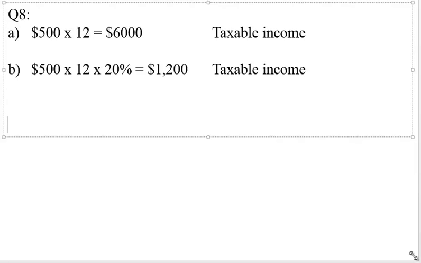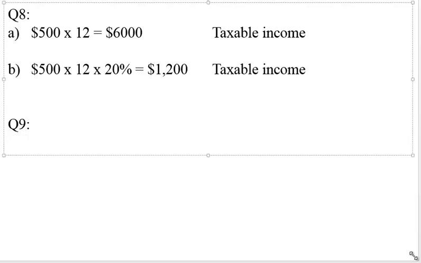Question number 9. This sales executive was given $600 per month entertainment allowance, and she spent 20% of the amount for lunch with staff.